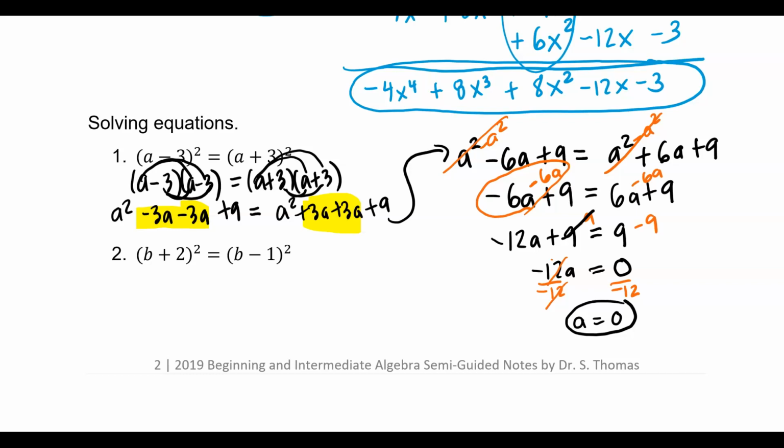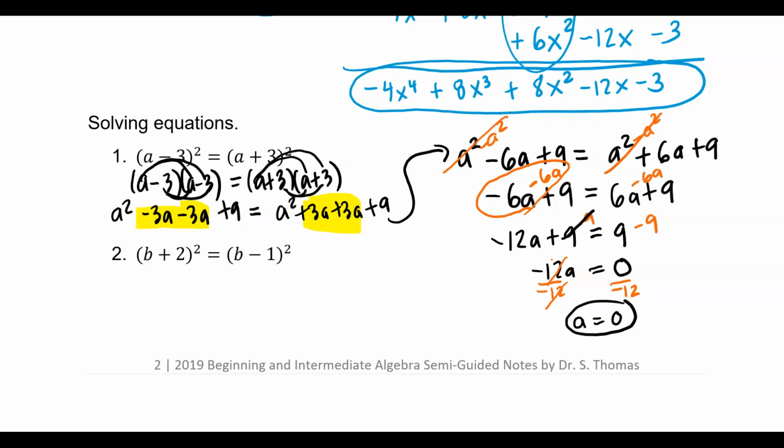Let's go to number 2, and I'm doing these specific problems because I want you to really get squaring binomials. When you square binomials, you have to write the binomials twice and FOIL the binomials, okay?